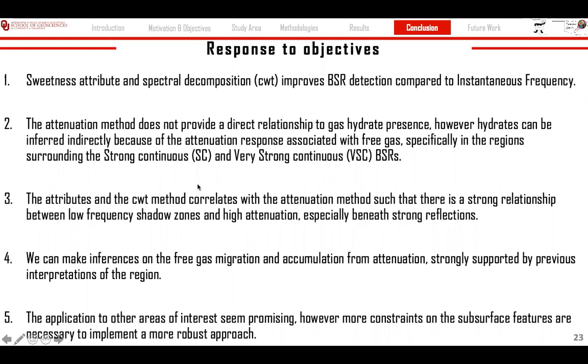We can also make inferences on the free gas migration and accumulation from attenuation, strongly supported by the previous interpretations of the region, for example, Plaza et al., where they interpret the locations of free gas accumulation as well as gas hydrates. Finally, the application to other areas of interest seems promising. However, I believe that more constraints on the subsurface features are necessary to implement a more robust approach when using this method.